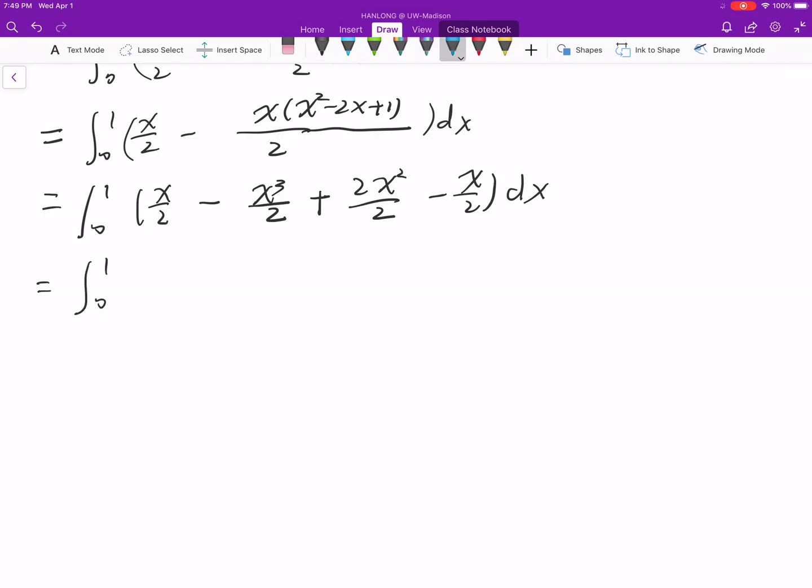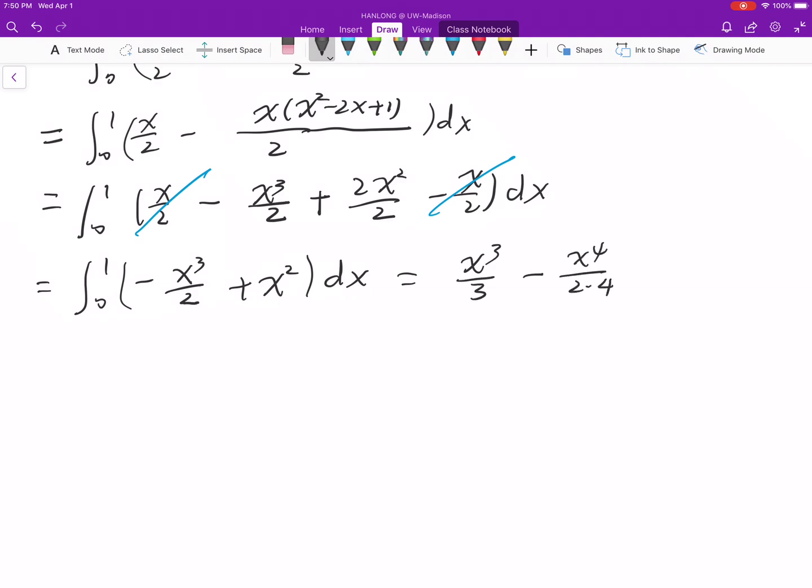Now you have cancellation. So minus x cubed over 2 plus x squared dx. And by the power rule, it's easy to derive the following formula, from 0 to 1.